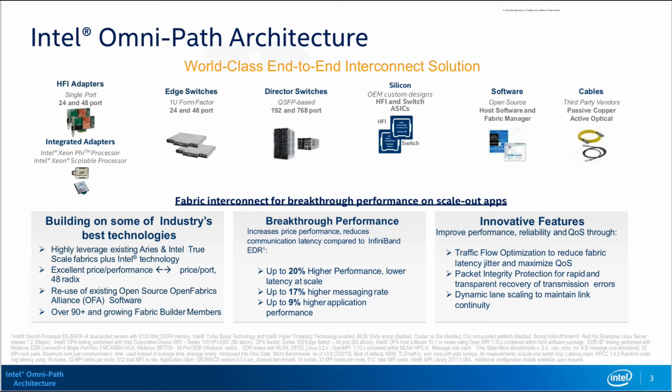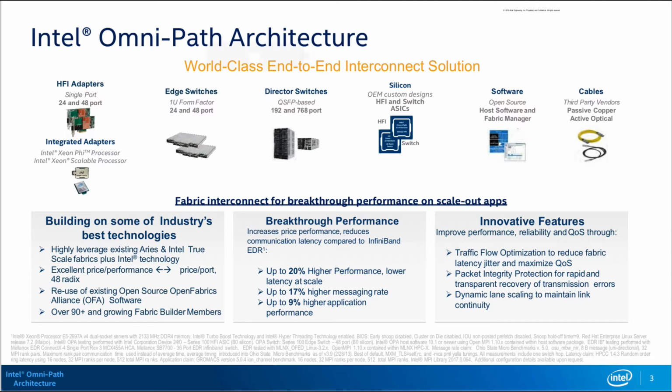We call it the Fabric Builders Program. We today have over 90 members that are part of it. It's all of the leading ISVs in the HPC community have joined and are supporting OmniPath with their software. Also, storage and other key members are in that Fabric Builders program.